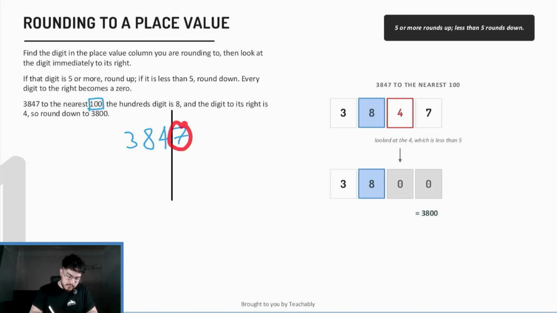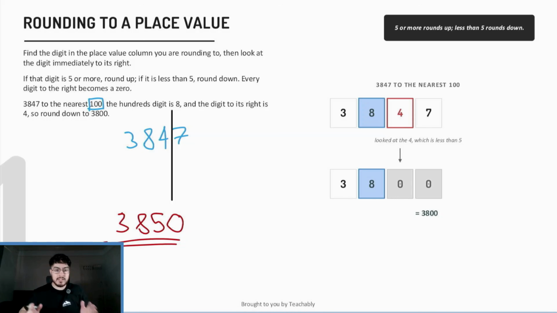So we take this number, just this number, nothing else, and increase it by 1. So instead of 384, we are going to have 385. And everything on the right-hand side just becomes 0. So rounding to different places gives you a completely different answer. This is to the nearest 10, and so it's 3,850. I hope that makes sense.